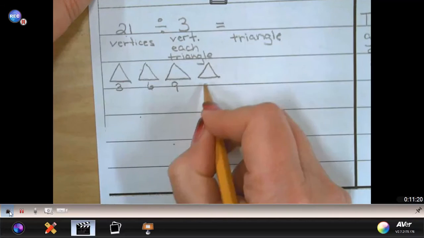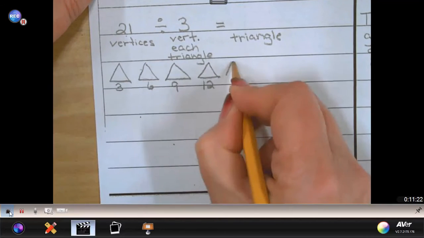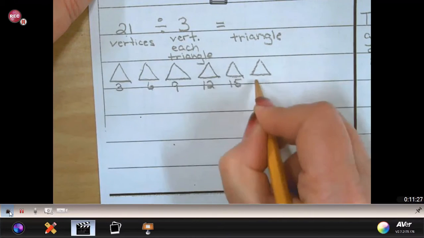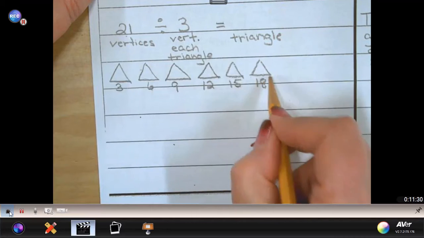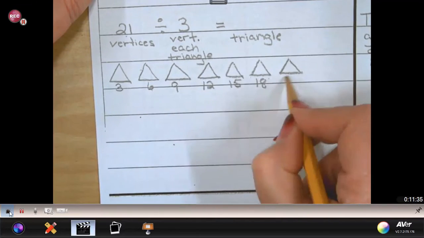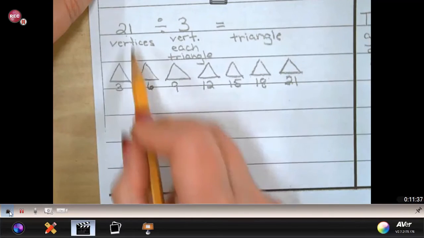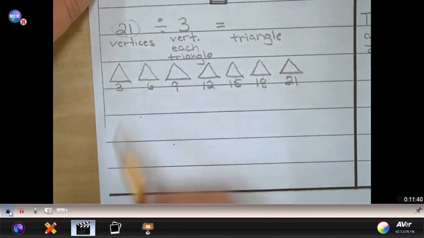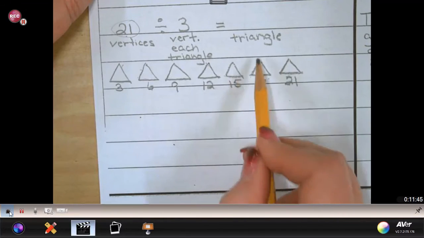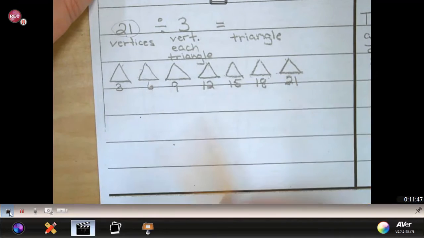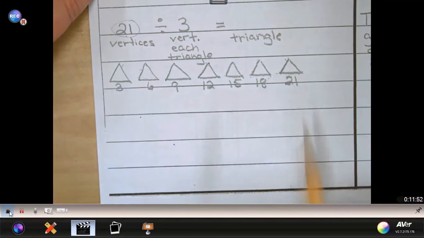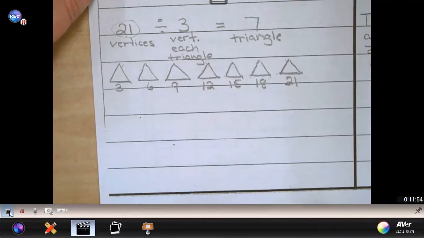And if I continue on, that would be 12, 15, 18, and finally 19, 20, 21. So here are my 21 vertices. There are 3 vertices for each of my triangles. And so I know that I have been able to draw, using the 21 vertices, 7 triangles.